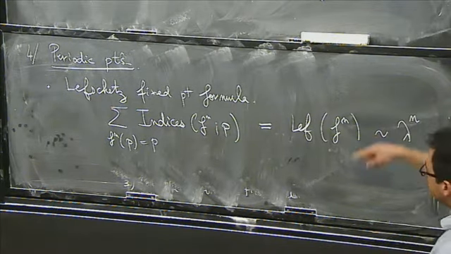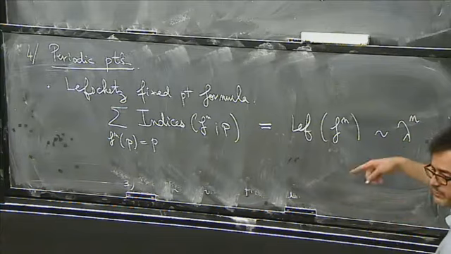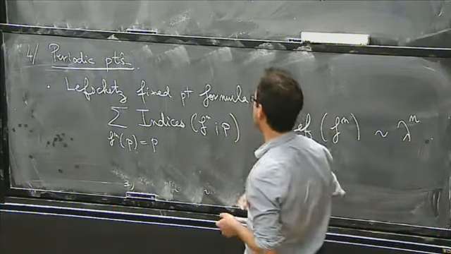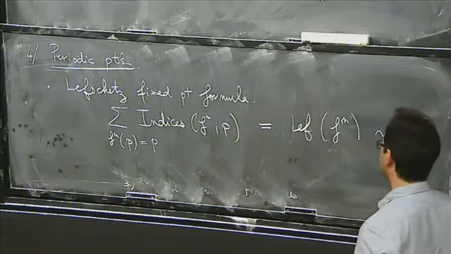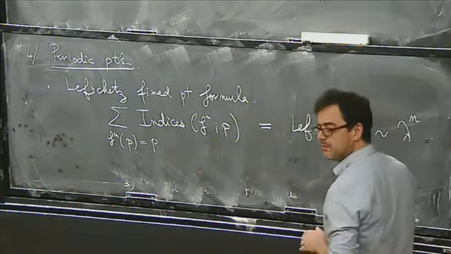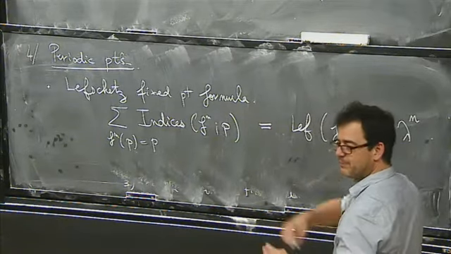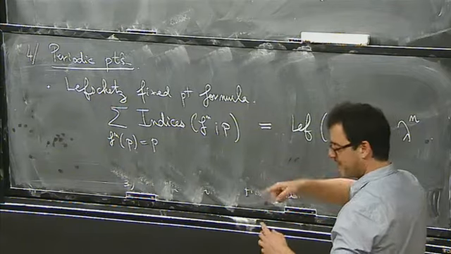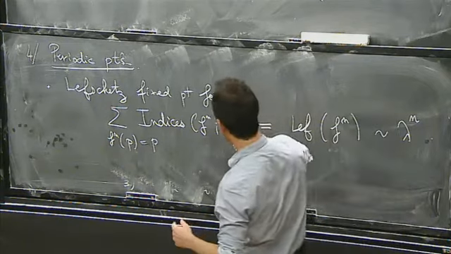The index is a multiplicity of the intersection of the graph of f^n with the diagonal at the point (P,P).